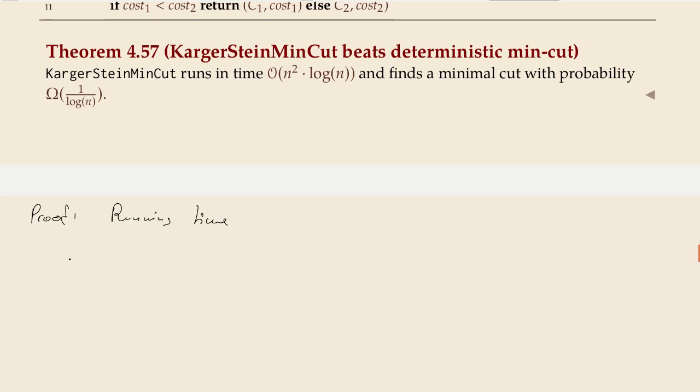The running time is given by a recurrence because we have a recursive algorithm. Let's just write it's O of 1 if n is less or equal than 6.